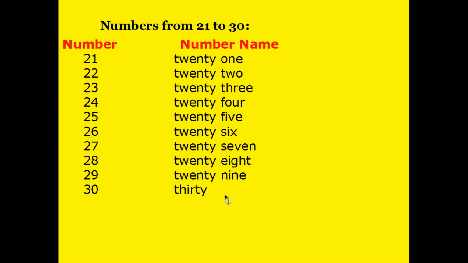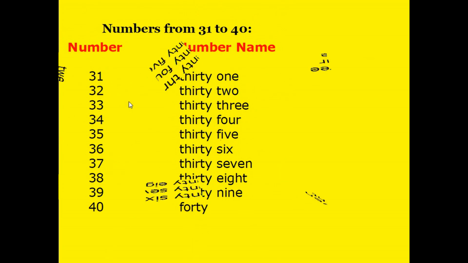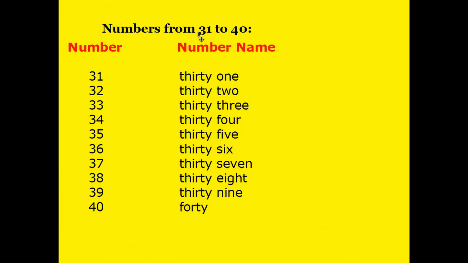Here you have the first 10 numbers, and second, numbers from 31 to 40, with their symbols and their words: 31, 32, 33, 34, 35, 36, 37, 38, 39, 40.